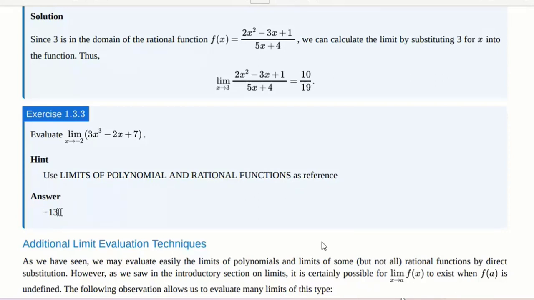Did you all? No, sir, I got negative 12. You got negative 12? How did you get it, my brother? I substituted negative 2 into the function.